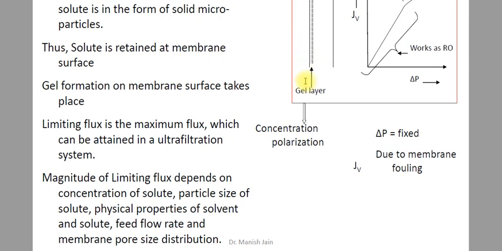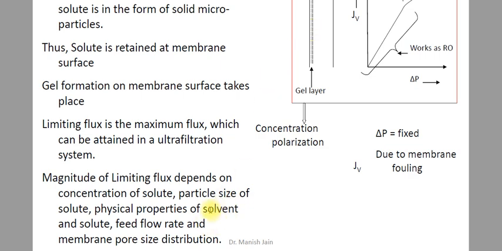If the viscosity of the solvent is higher, like a concentrated solution of sugar in water, then the particles will start to stick on the membrane, and the thickness of the gel layer might be higher.